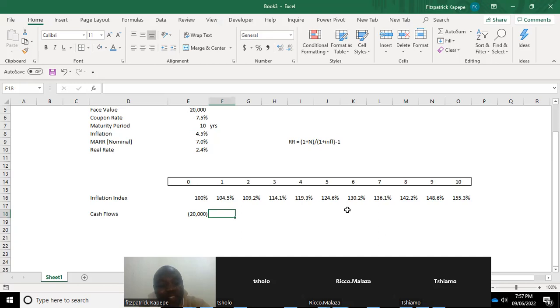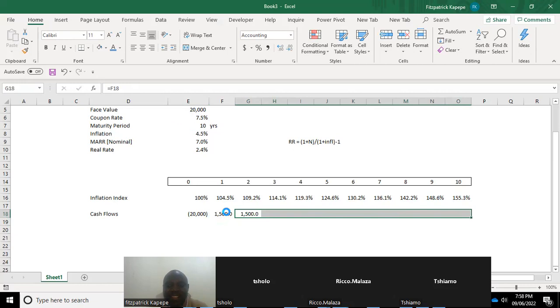You can decide whether you'll be getting it in November or December, but what you should be assured of is that we'll be giving you 7.5% of the money that you invested because you're patriotic. So this has to also be calculated. It will be the 20,000 face value times the coupon rate, which is 1,500.